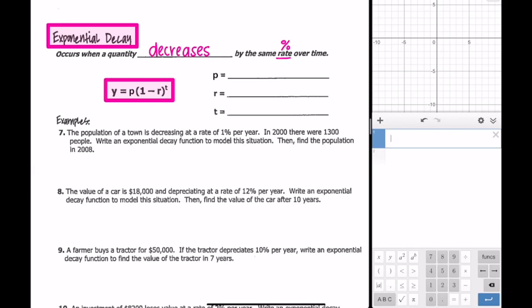The only difference is now our base, because this is decay, our base has to be between 0 and 1. So our base is going to be 1 minus the rate, so that's going to be less than 1. The P still represents the principal or the initial value. The R still represents the percentage rate. And T still represents some amount of time.